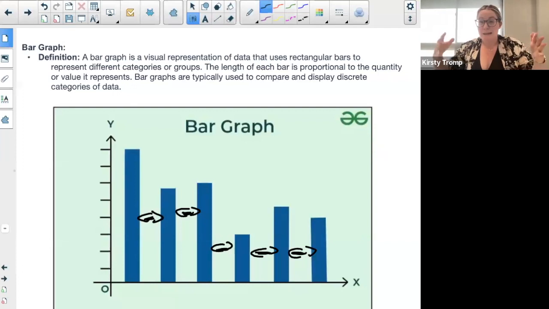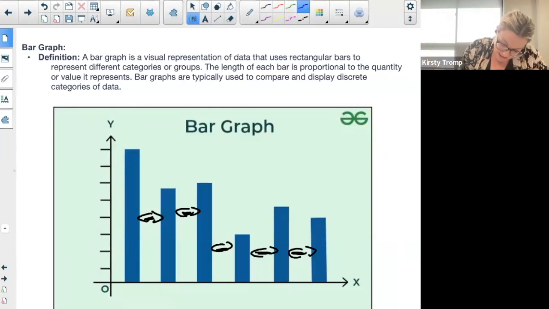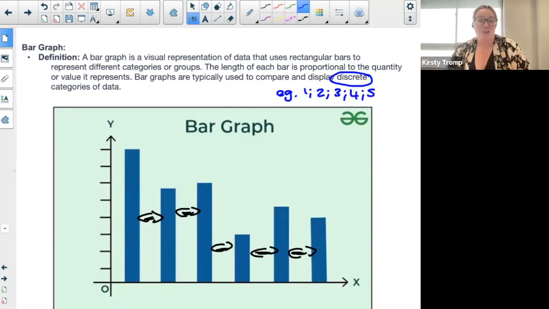They're all spaced out. This word here, where it talks about discrete data, discrete is numbers that you can count in. So for example, 1, 2, 3, 4, 5, et cetera. There are no fractions and no decimals, nothing like that.